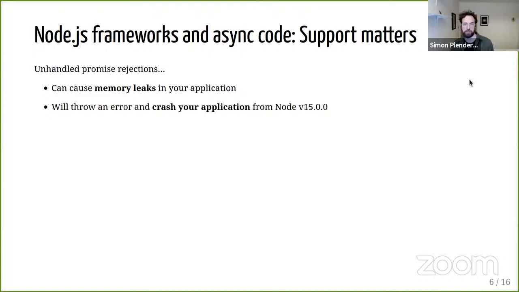And from Node v15 onwards, which you're probably not using in production just yet, it will actually throw an error and crash your application. So this is something you can enable currently, but it will become the default behavior. Now, this is really unfortunate if you're not using a framework that supports async code, because it's very easy to miss writing error handling code.